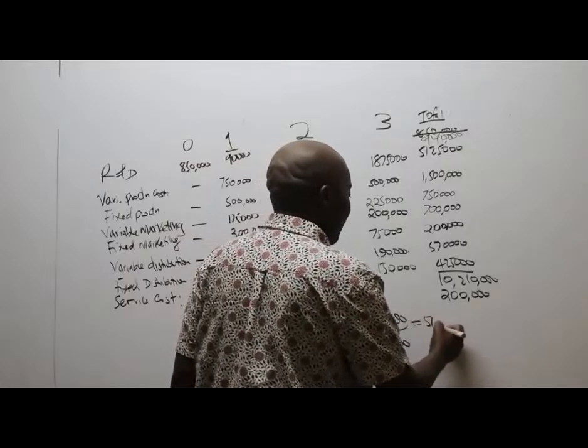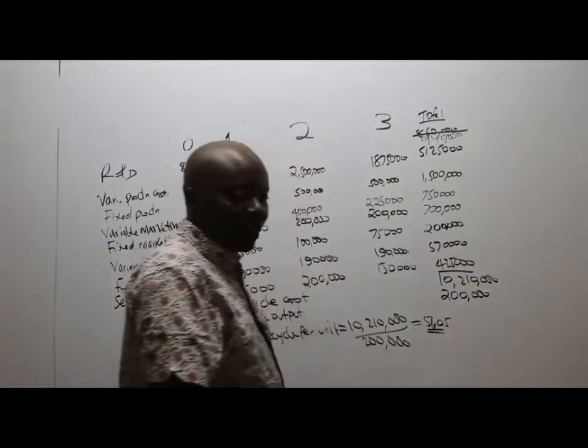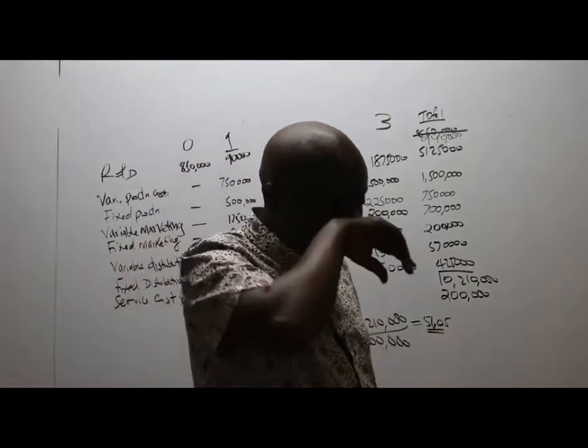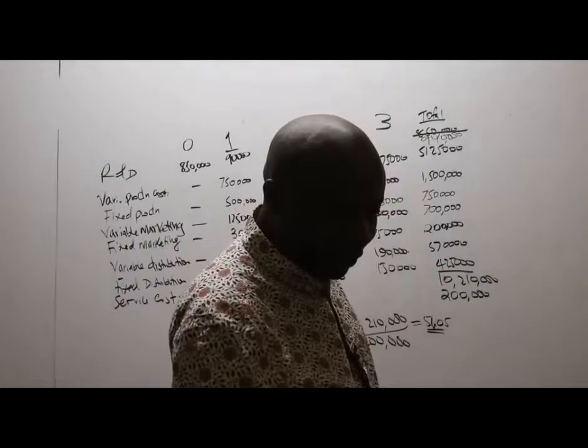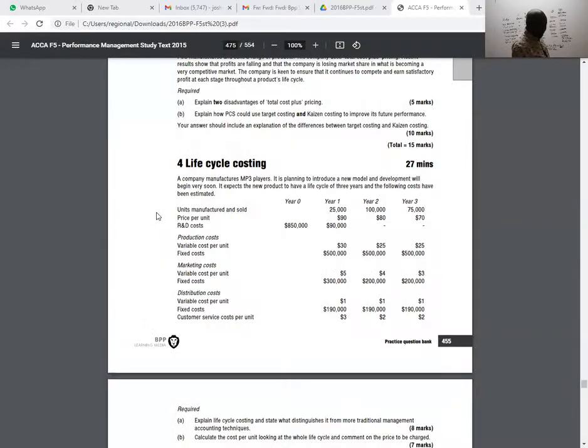So if you look at dollars per unit, they told you to comment on the price, how they have been pricing this. Over time, I can see the selling price per unit. Year one they charge 90, that is okay because it is over 51.05.